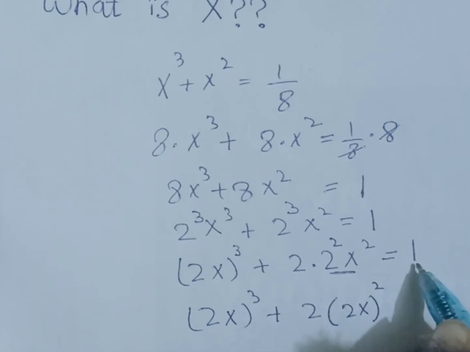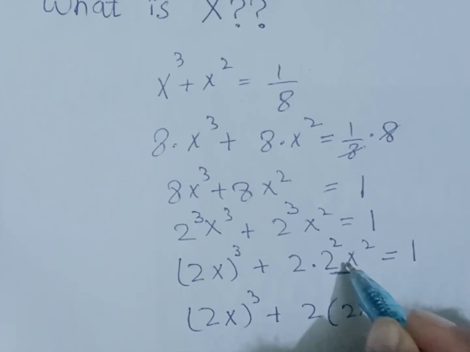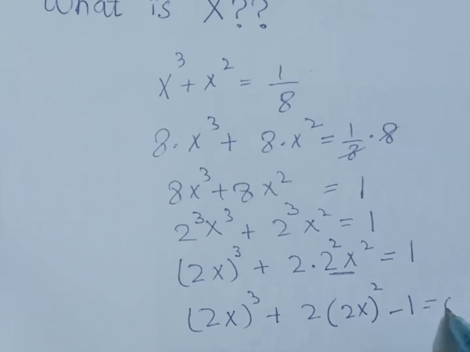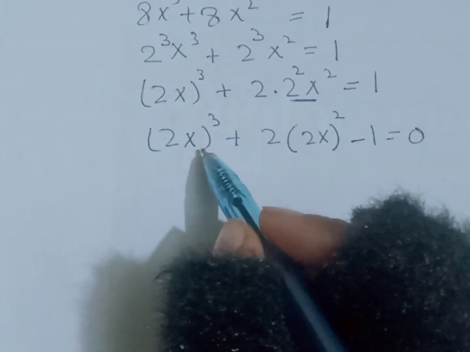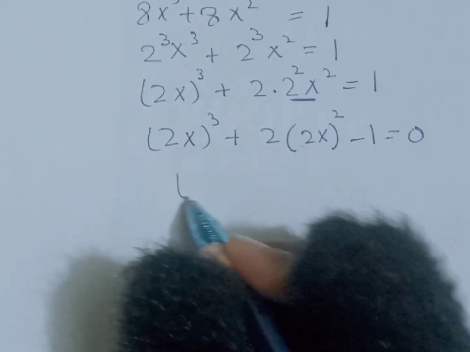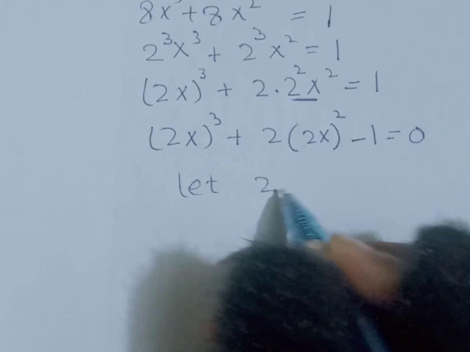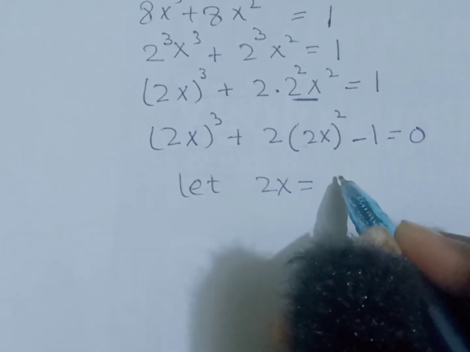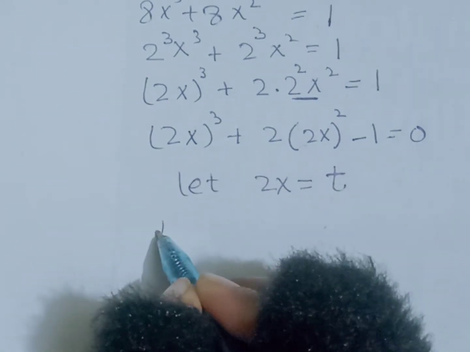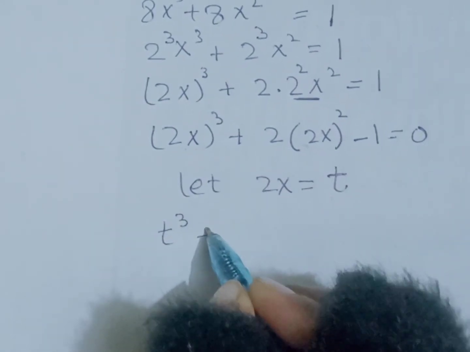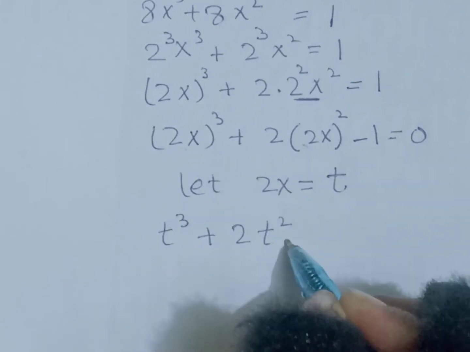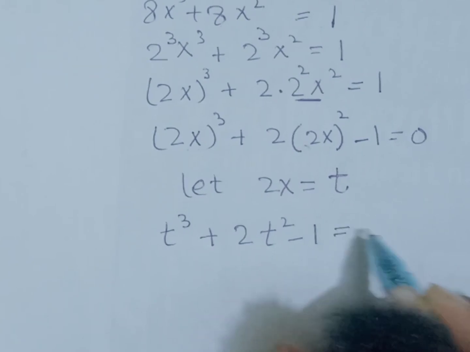2. If we subtract 1 on both sides of this equation, then we get minus 1 is equal to 0. Now look at this, 2x is involved in these two terms, so we let 2x is equal to t, then this will become t cube plus 2t square minus 1 equal to 0.